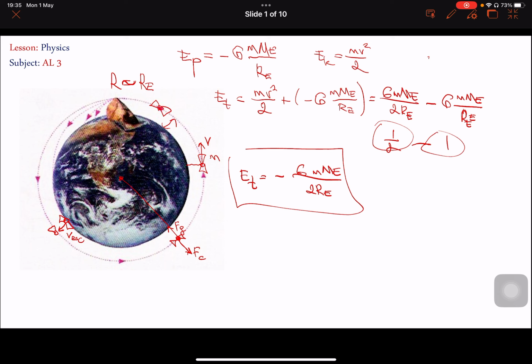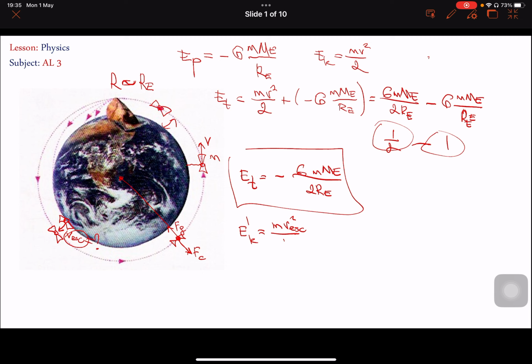In order to fix it, I need a special speed here. So the speed that I need to give to the satellite can be calculated so that the energy that I will use to launch it out, let me write it as kinetic energy prime, so I will have the mass of satellite times the escape speed square over 2.